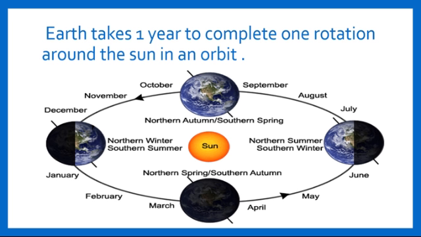Okay, then January, February, March, April, May, June, July, August, September. Okay, it completes one revolution. That means 1 year. To complete an orbit around the sun, it takes 1 year. Okay, these are the positions of the earth in different months in a year.